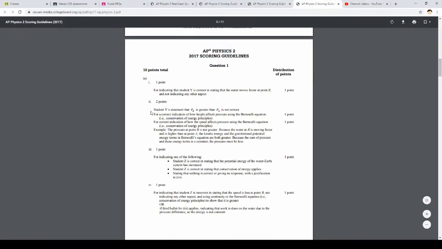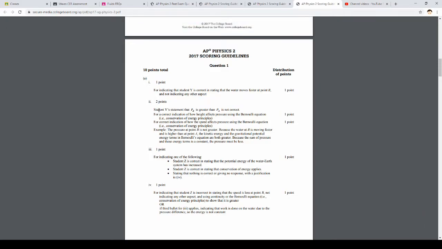Moving on. Part 2, student Y's statement that the pressure at point B is greater than point A is not correct. So we have to correctly indicate how height affects pressure using Bernoulli's equation, so using conservation of energy principles, and correctly indicating how the speed affects pressure using Bernoulli's equation. So for example, the pressure at point B is not greater because the water at point B is moving faster and is higher than at point A. The kinetic energy and gravitational potential energy terms in Bernoulli's equation are both greater.